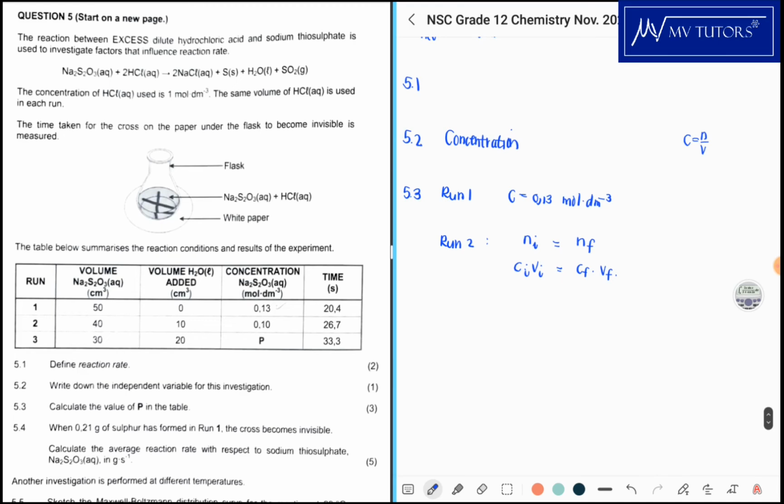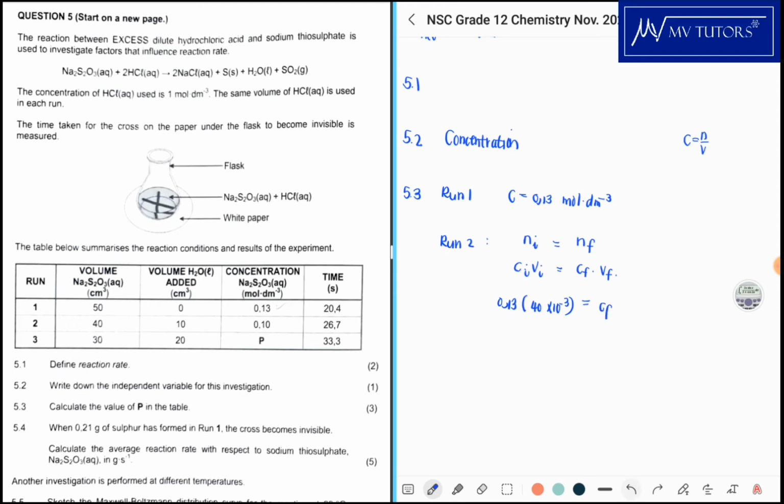So I'm just doing extra stuff. The initial concentration doesn't change, so we have 0.13, and the volume applicable is 40 cubic centimeters. Let's just stick to cubic decimeters. And then we're trying to get the concentration for run 2.